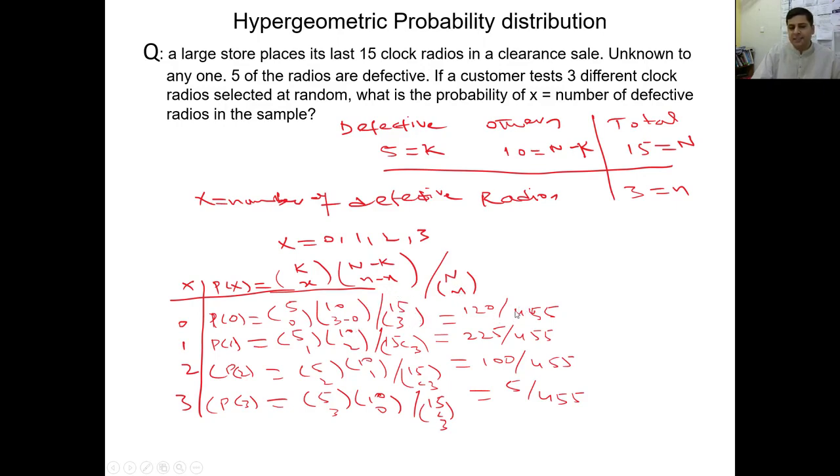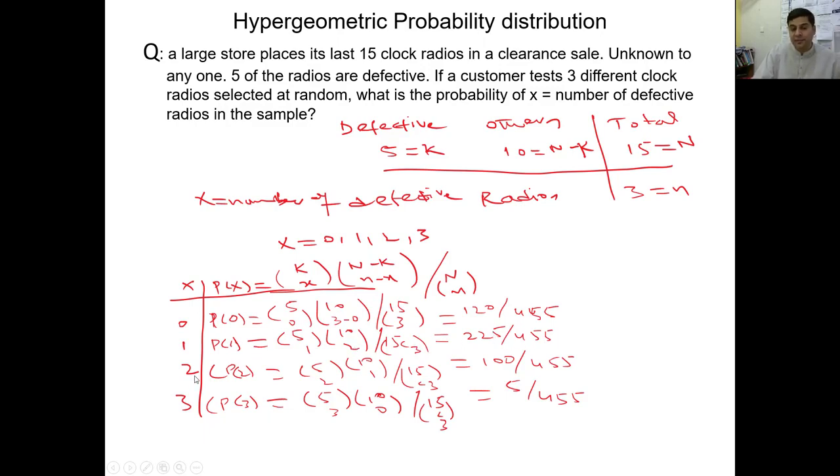So this will be the answer. If there is only one defective radio, this will be the probability: 5C1, K is 5, 10C, N minus K is 10, and n minus x is 3 minus 1, so 3 minus 1 is 2, divided by 15C3. So this will be the probability.